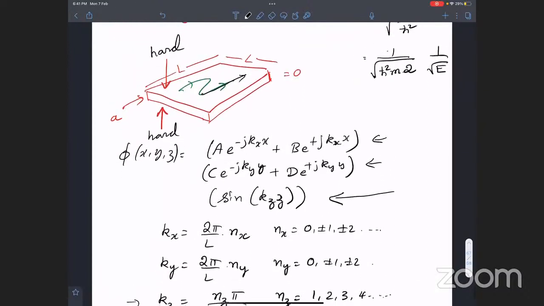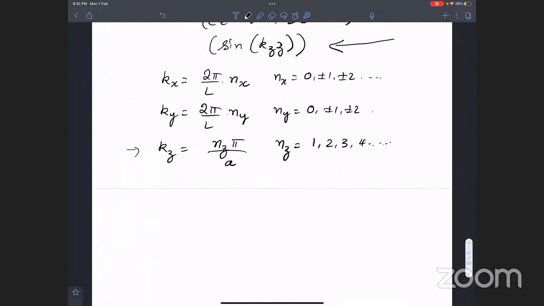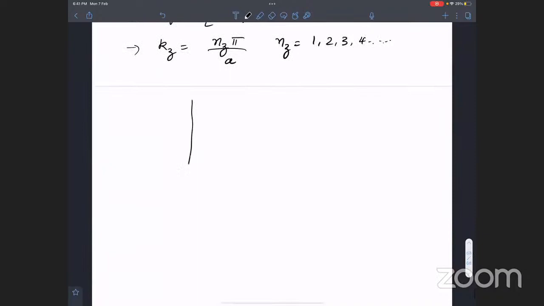So now how do we modify our picture of the k-space representation? The k-space picture is modified this way. In the xy plane, the points are still going to be like this, right? I'll use my red axis. So I'm still going to have points like this.